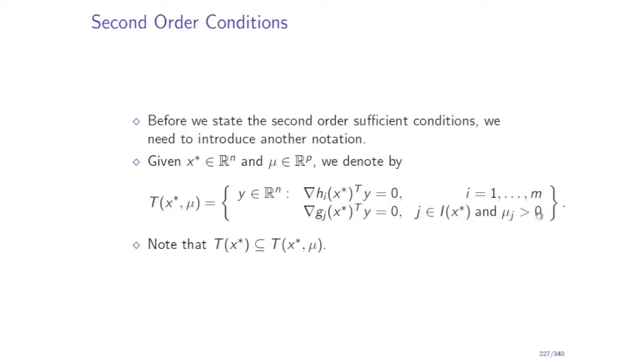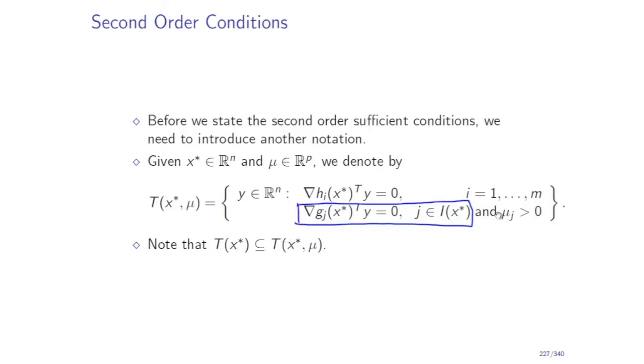As a result, potentially we can drop some of the equations from the set that we had in T of x star. If some of the Karush-Kuhn-Tucker multipliers were zero for active constraints, then this would mean that we drop some of these equations, and when we drop the constraints in the definition of some region, then obviously this region expands, right? So the region becomes bigger, therefore T of x star is a subset of T of x star mu.